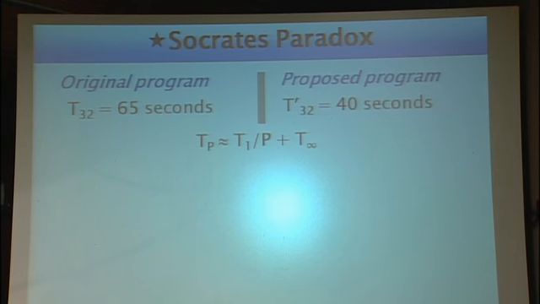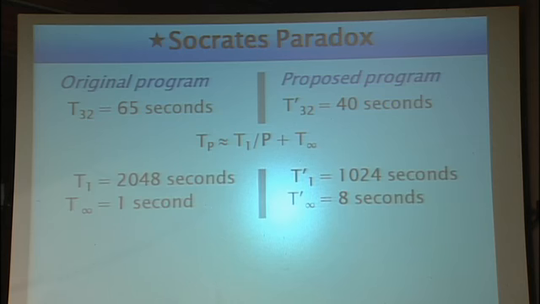Let's take a look at our performance model based on greedy scheduling: TP is T1 over P plus T infinity. We really need to understand what component of each of these is work and which is span, because that's how we're going to predict what's going to happen on a big machine. So indeed, this original program had a work of 2,048 seconds and a span of 1 second.